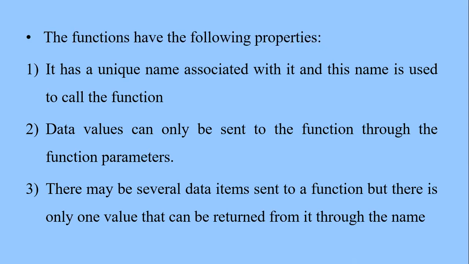That's why we are saying there may be several data items sent to a function, that is several arguments, but there is only one value that can be returned from it through the name. So the return statement within the function only returns a single value.